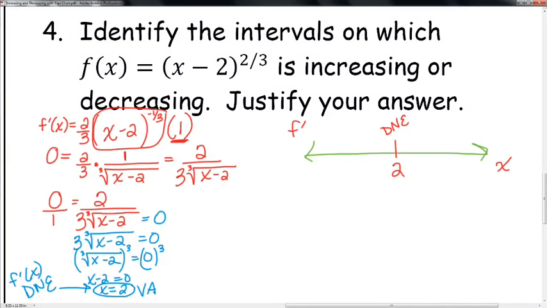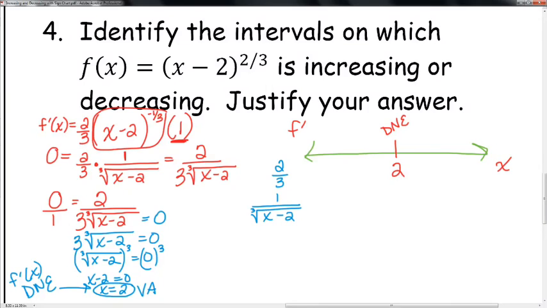And now I'm going to list my factors. And so I have 2/3, which is always positive. And then I have 1 over the cube root of x minus 2.